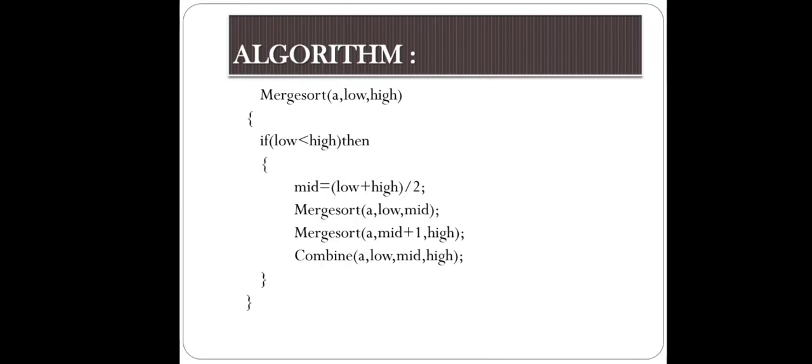Then we are again calling itself, that is we are recursively calling itself from mid plus 1 to high, after recursively calling until we get the smallest instance. After getting the smallest instance, we are sorting it, we are merging it, that is we are going to combine from low, mid and high.